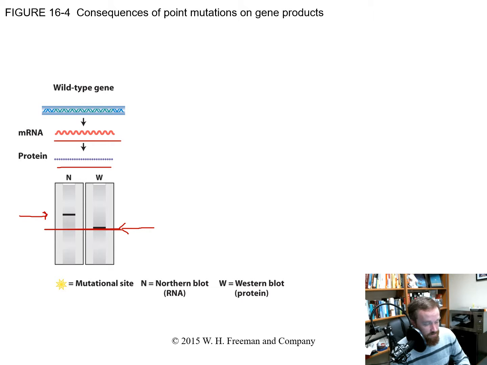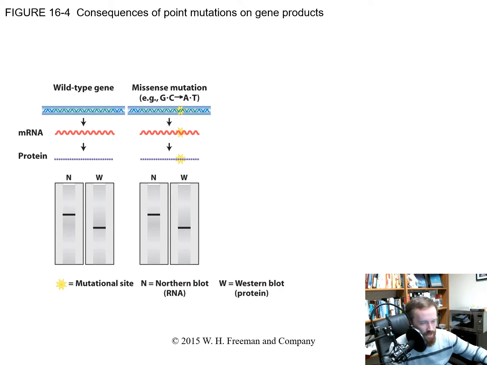Now if we have a missense mutation, so we're changing one of those nucleotides, a lot of times, remember, this is not as damaging as a frame shift. We see that we have an explosion graphic here that shows that we have a mutation in one of these amino acids. That mutation is then transcribed into mRNA, where that nucleotide is also mutated in the mRNA.